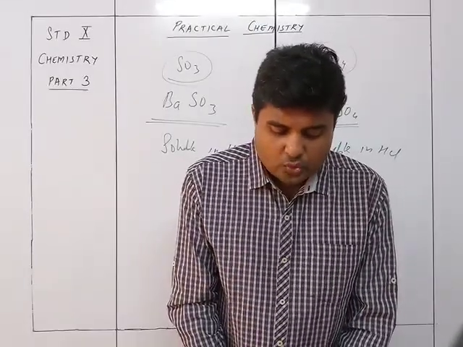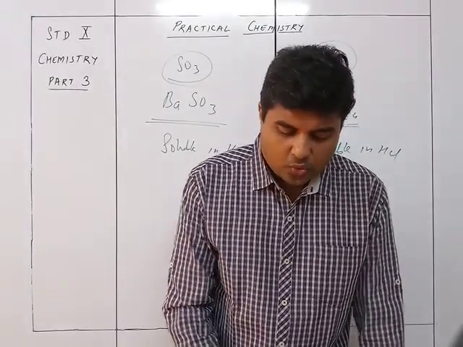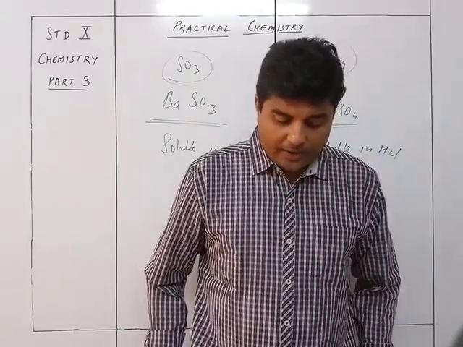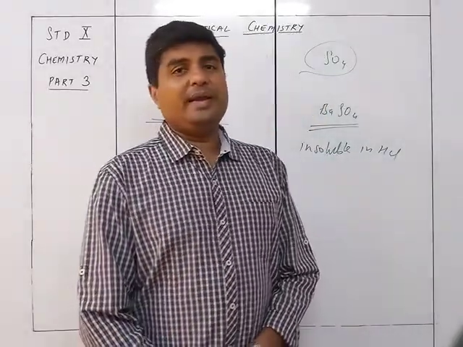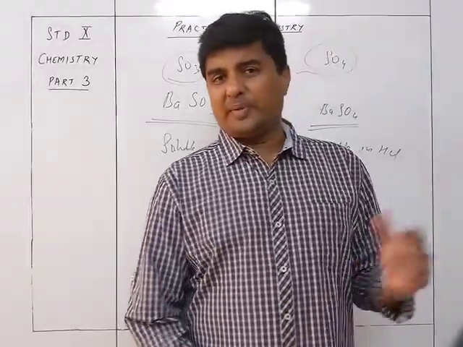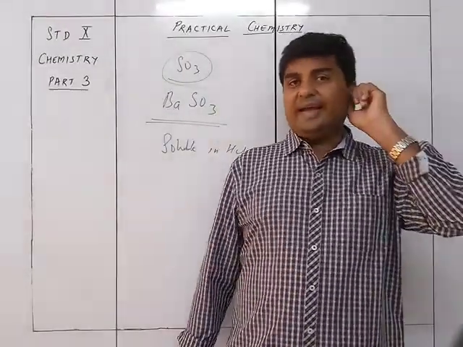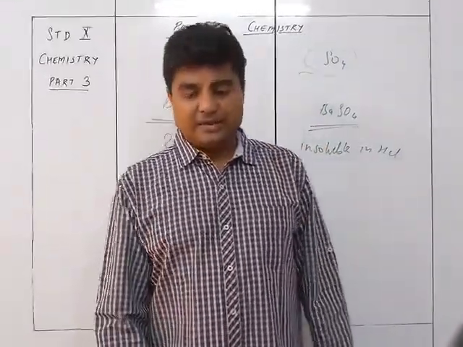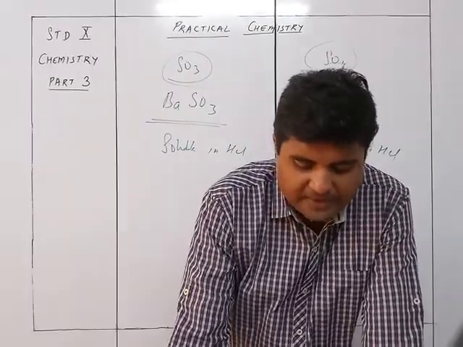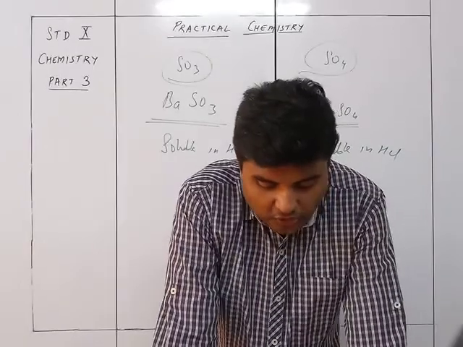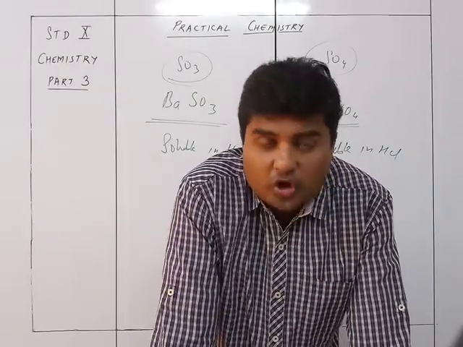Pass the gas evolved above through AgNO3 solution. Another example is the test for HCl that we studied. If I pass HCl through AgNO3, a white colored precipitate is formed, soluble in NH4OH, insoluble in HNO3.